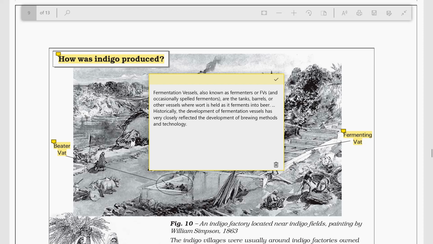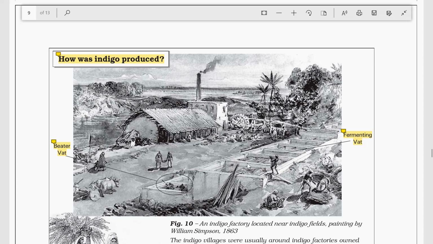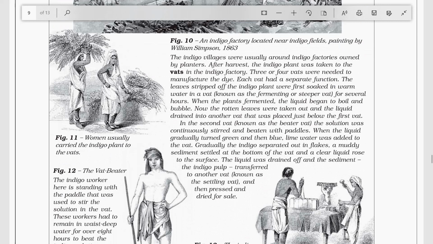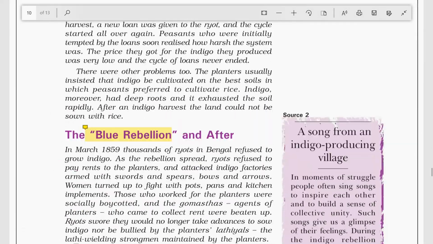It is a tank, barrel or other vessel where wort is held as it ferments into beer. So these are the fermenting vessels, we can say. Here the beater will be putting it into the fermenting vat. In this picture they have shown these women, so everything is clear here.